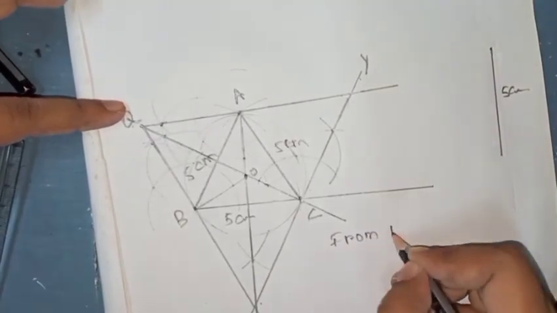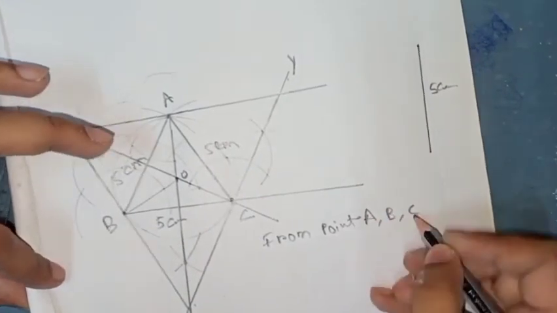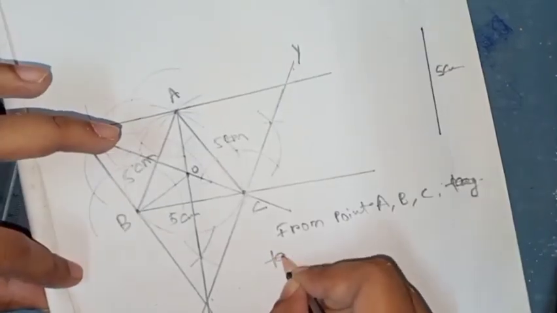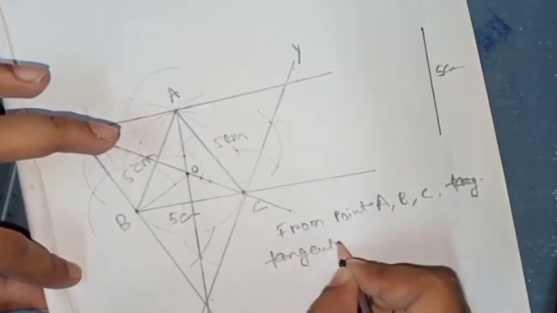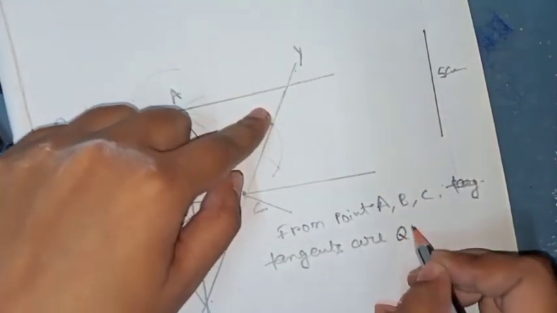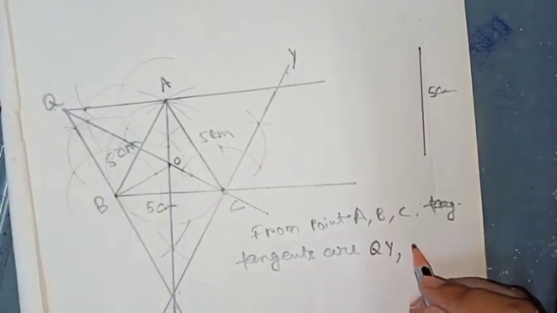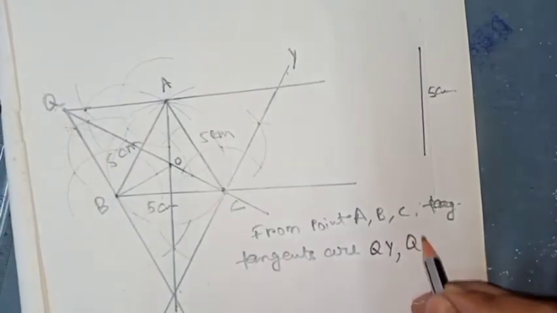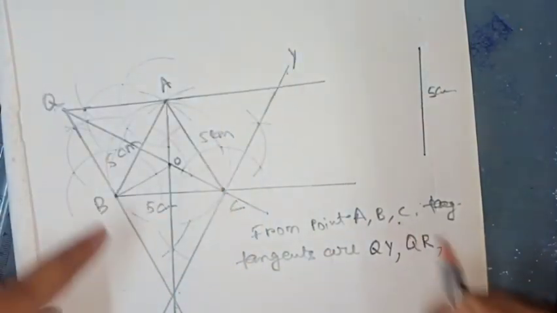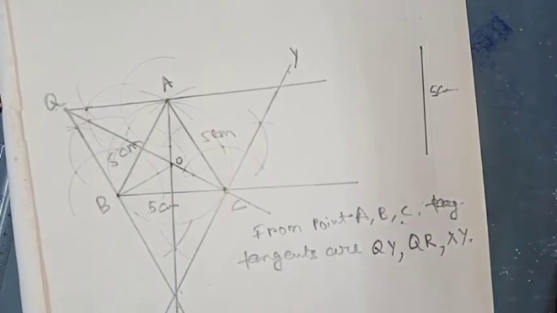From points A, B, C, tangents are: from point A the tangent name is QY, so write QY, comma, from point B the tangent is QR, then from C the tangent is XY. Okay, so this much you will do.